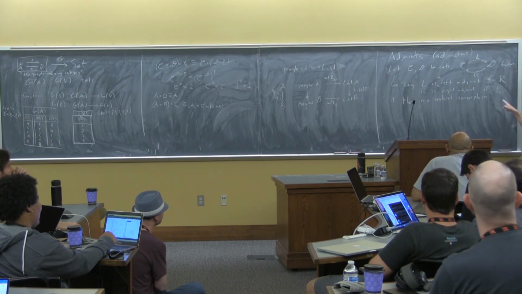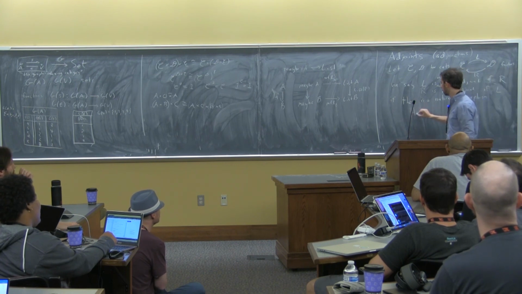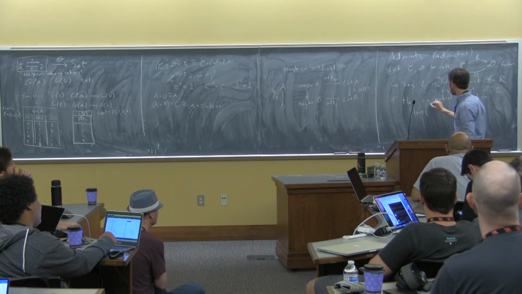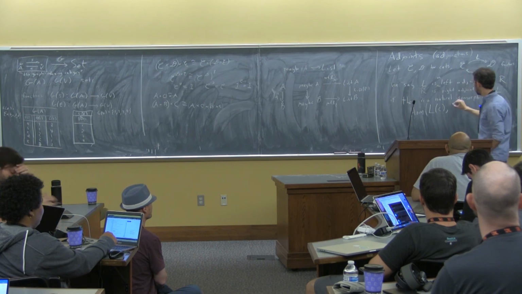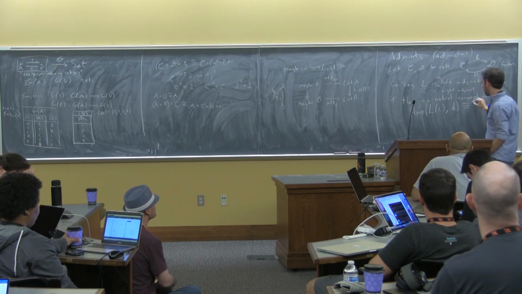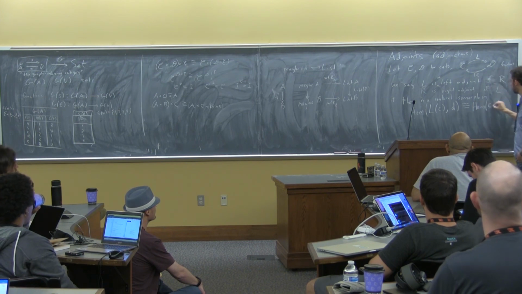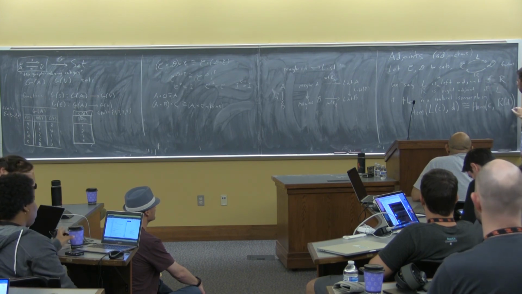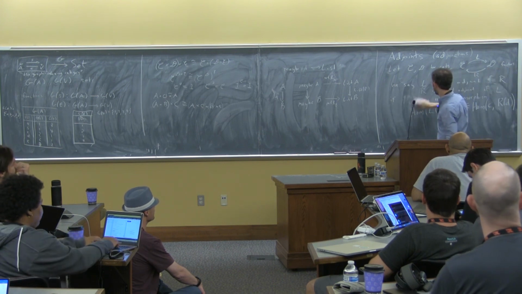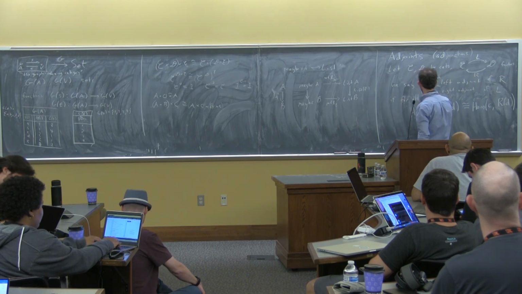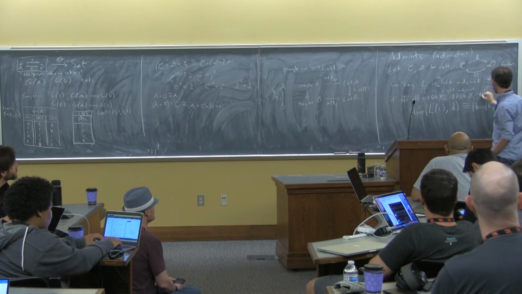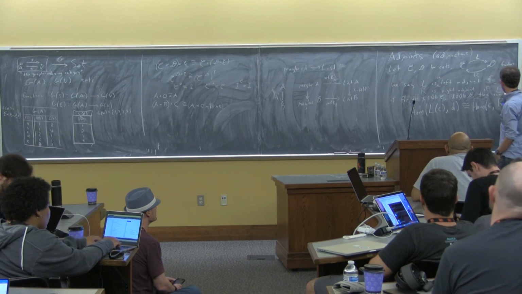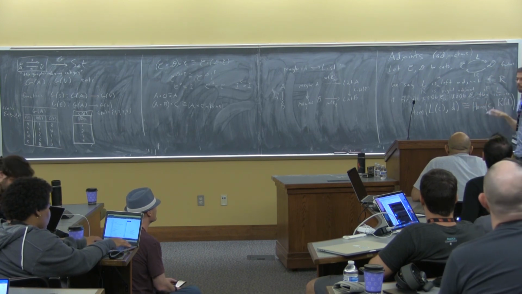So let's see, if there's a natural isomorphism. Okay, this looks really complicated. Maybe I should have started with the example. L of C to D is isomorphic to Hom from C to R of D. So for all C in ob C and D in ob D, there's an isomorphism from that thing to that thing.